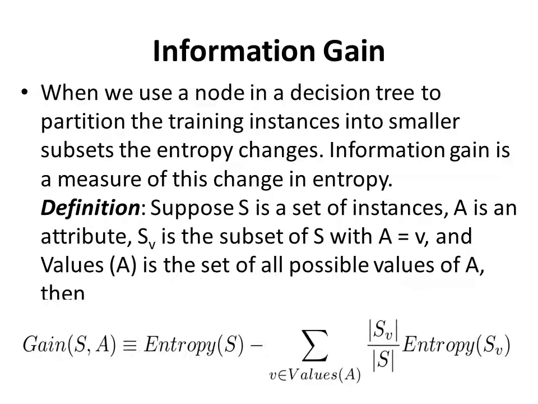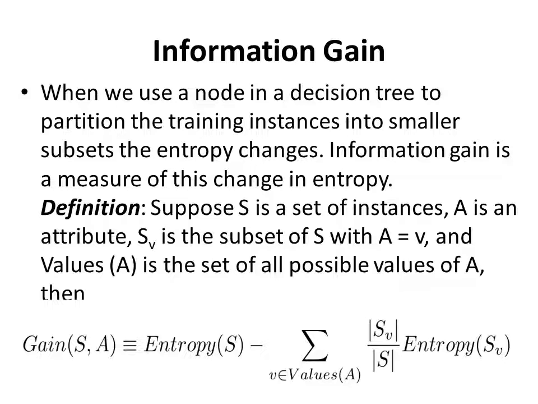When we use a node in a decision tree to partition the training instances into smaller subsets, the entropy changes. Here the entropy is involved. Information gain is nothing but a measure of this change in entropy.